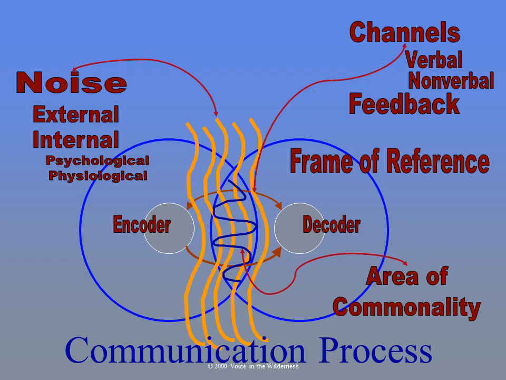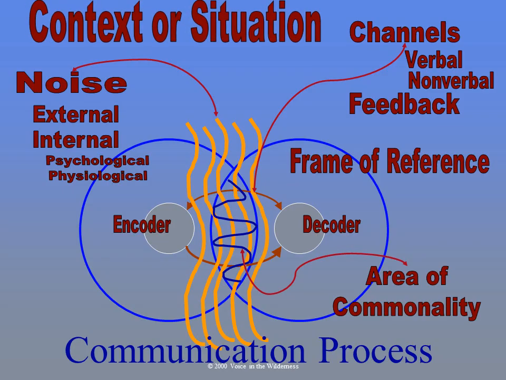Psychological, our thoughts and daydreams and all that's going on. And physiological, our bodies, our butts are tired, our head hurts, that kind of thing. And then finally, all communication happens in a particular situation, or in communication jargon, a communication context. And so here's that mess we call the communication process.